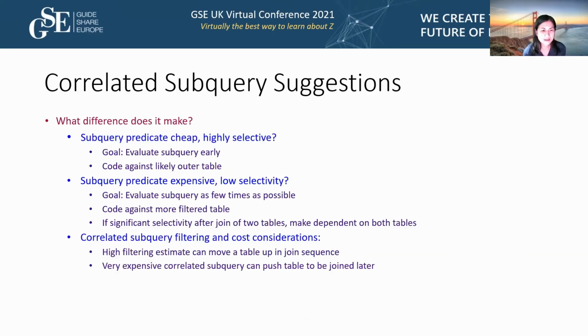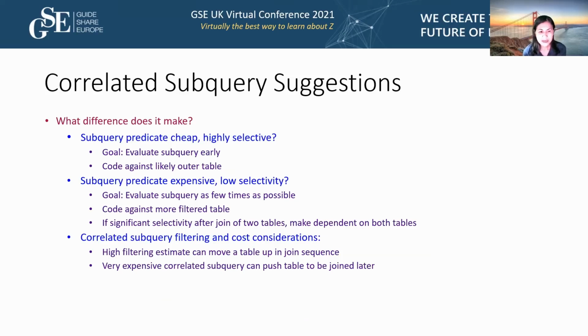So what difference does it make? How should we write the subquery to achieve better performance? If the subquery predicate is cheap and highly selective, our goal is to evaluate the subquery as early as possible, so it should be coded against the likely outer table.